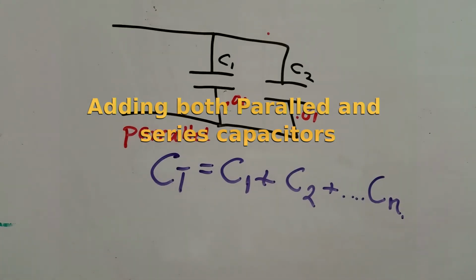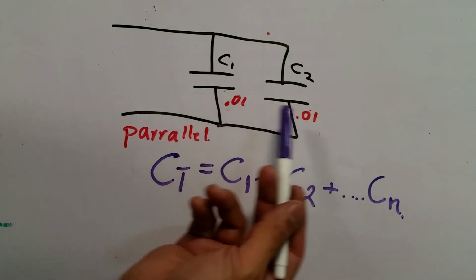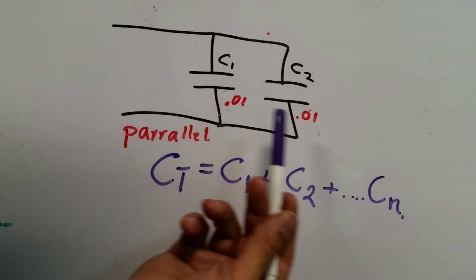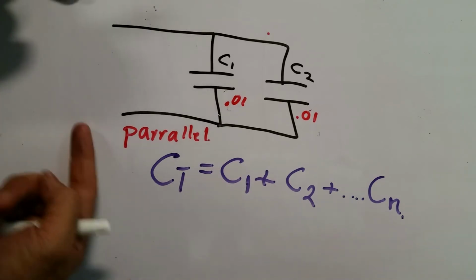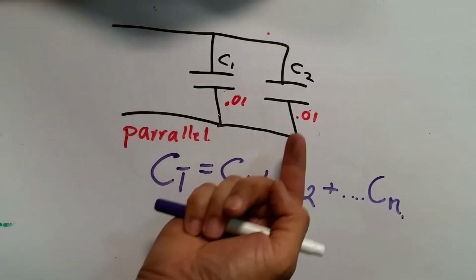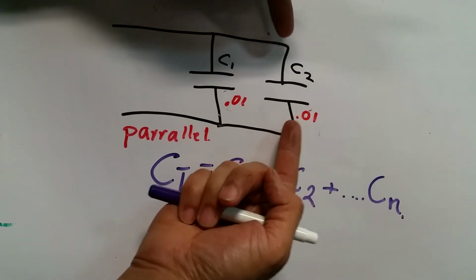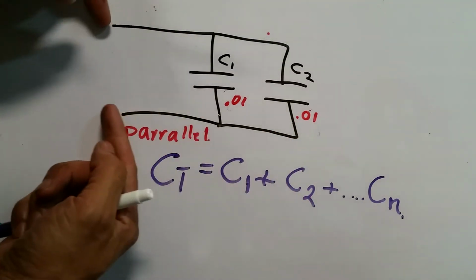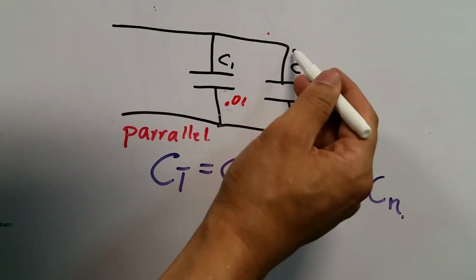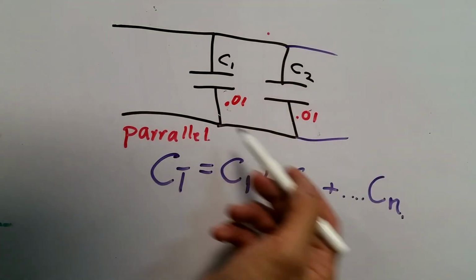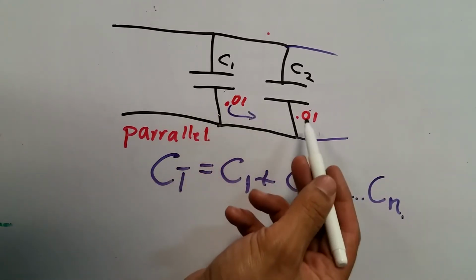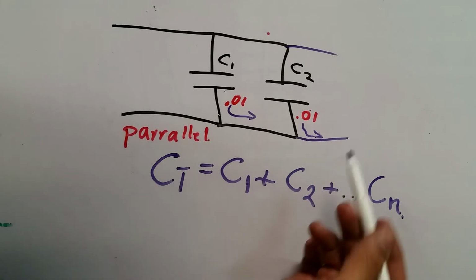When adding capacitance, if capacitors are connected in parallel, as I have them here, all you have to do is add the capacitance of one to the other. And it makes sense because some electrons are going to here and holes over here, but this other one is also getting the same. So from the point of view of the battery charging them, and then once I hook it up to a load, both capacitors as tanks are going to be providing electron flow to the load.